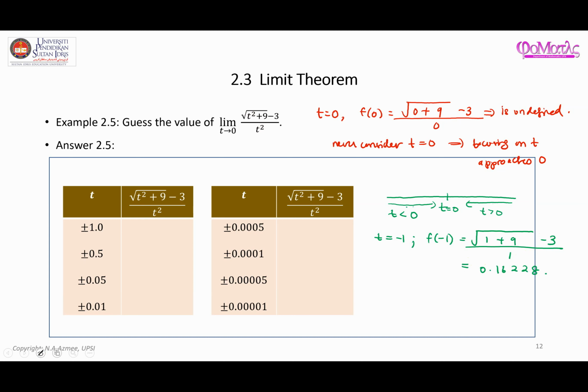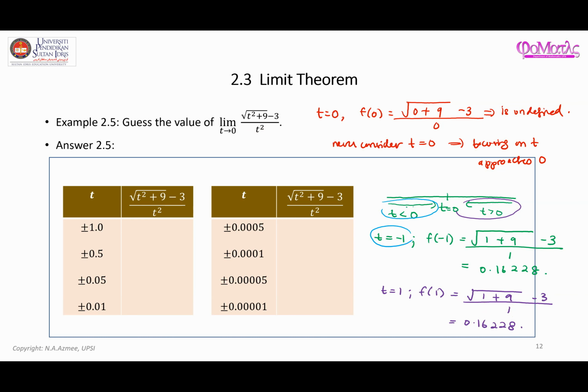This is considering the value of t being less than 0. If you consider t greater than 0, let's say we take the value of 1, our function yields the same result, because 1 squared is 1, plus 9, minus 3, over 1 squared is 1. So you will get the same result.